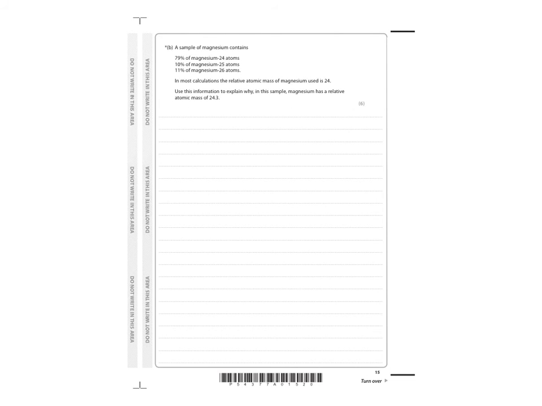Now, part B is the 6-mark question, and it says a sample of magnesium contains 79% magnesium 24, 10% magnesium 25 and 11% magnesium 26. In most calculations, the relative atomic mass of magnesium used is 24.